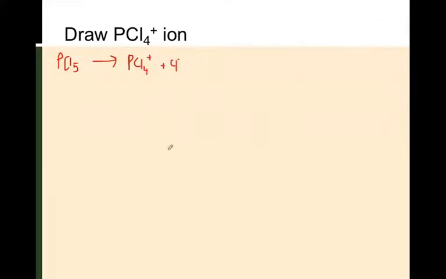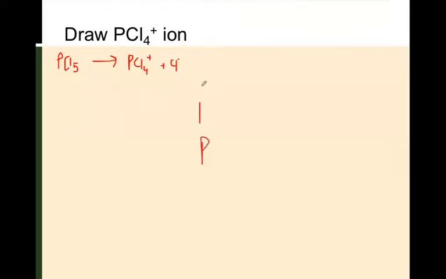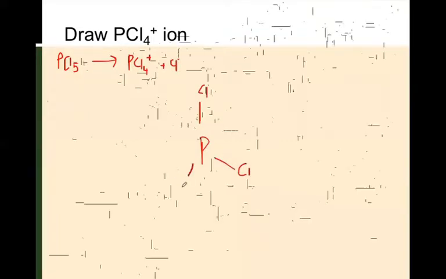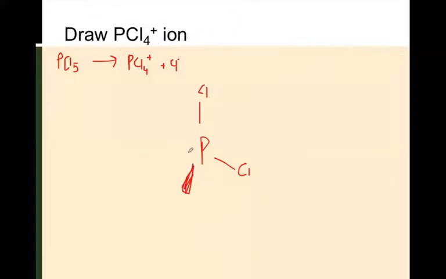Most likely it's going to be a tetrahedral structure. The reason I'm saying that is it has 4 electron domains, whereas in the previous cases where we've kept the same geometry, we've had a lone pair.